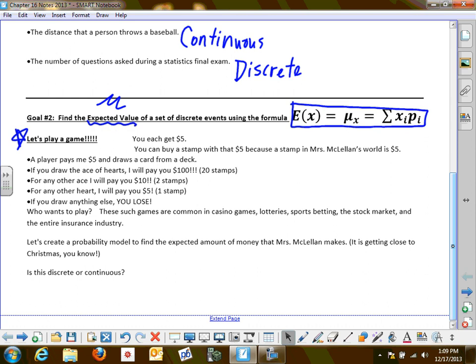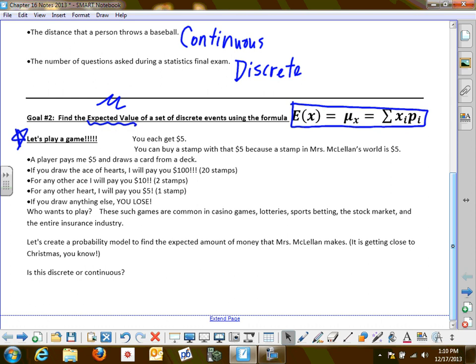All right, so here's how this works. You have to pay me $5 to play the game. And what you will do for the game is you will draw from a deck of cards. No jokers. If you draw an ace of hearts, I will give you $100. So you pay me $5 to play.